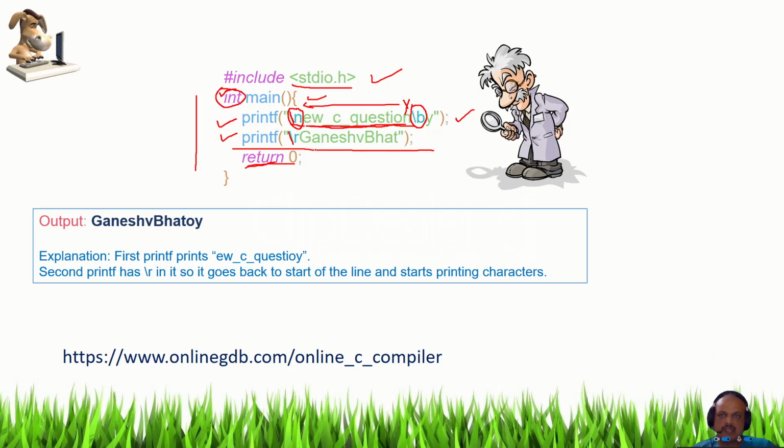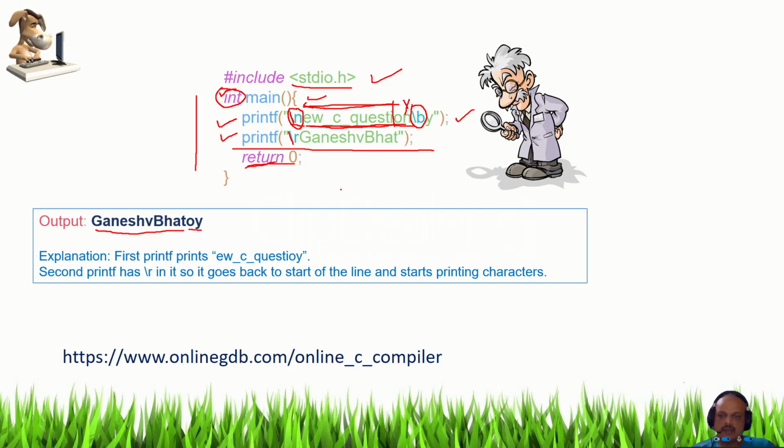So it prints G, A, N, E, S, H, V, B, H, A, T, which comes up to this line. So it prints Ganesh V Bhat here, and then O and Y are retained as printed in the previous line. So that is what you get when you output this code, that is Ganesh V BhatOY.